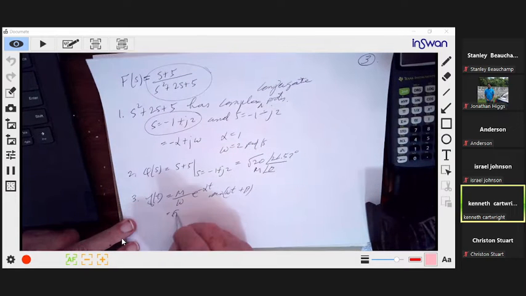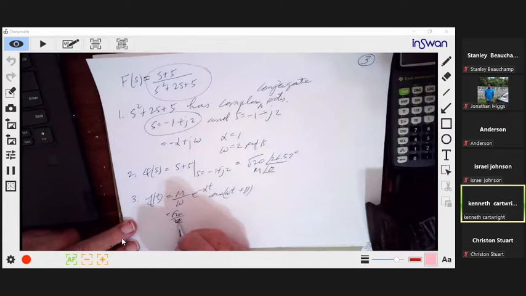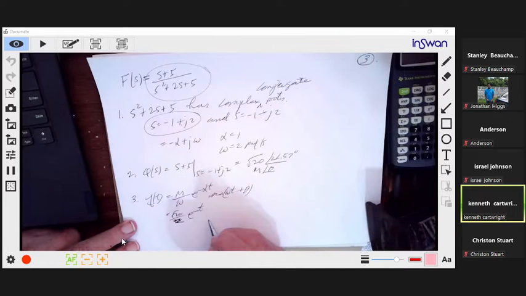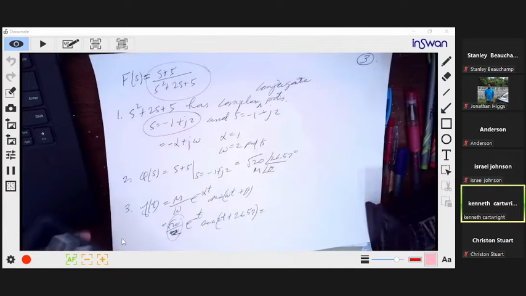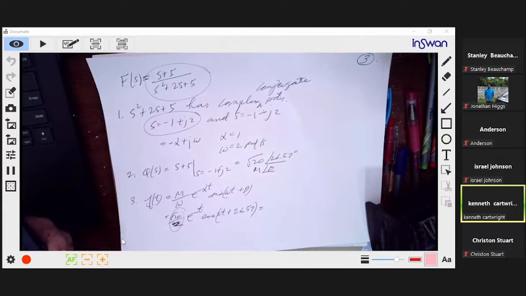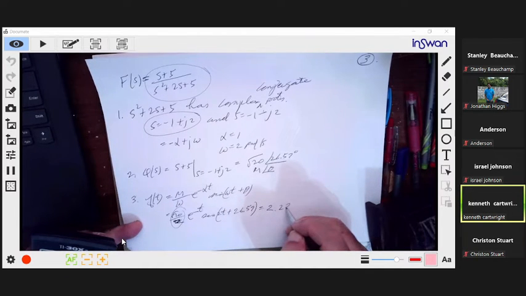So this is square root of 20 over 2, e to the minus t sine 2t plus 26.57. And of course, we could evaluate this, so this would be 2.236.